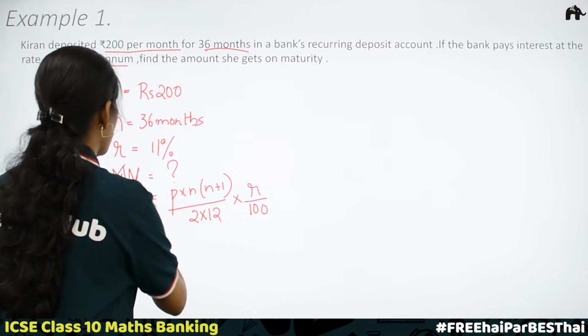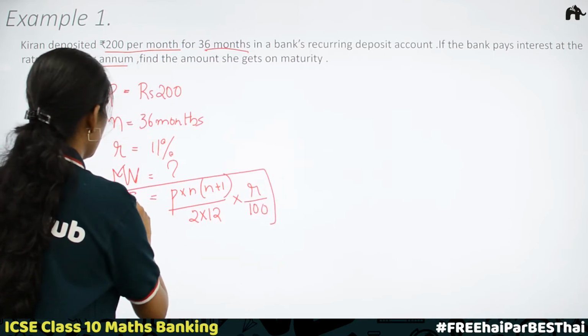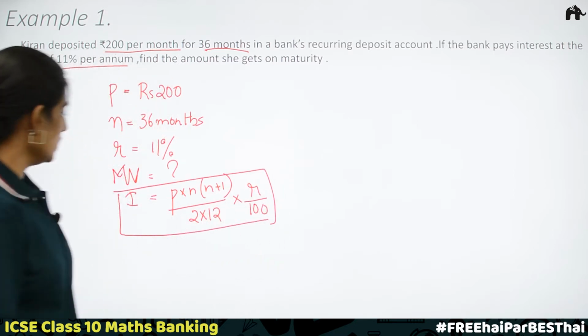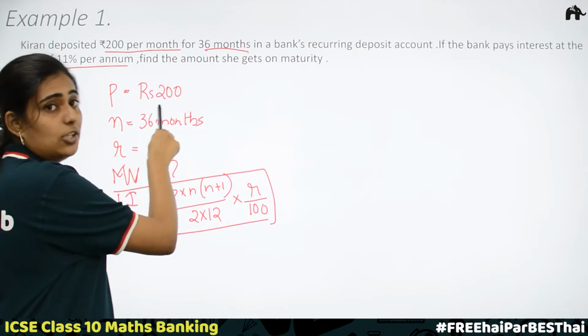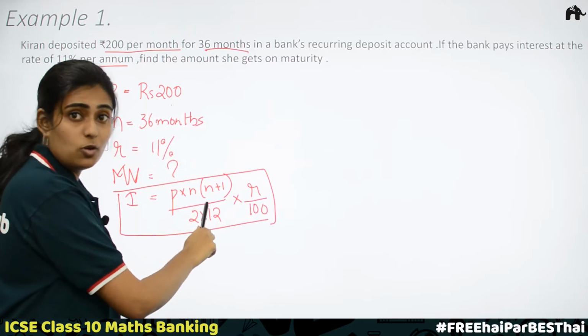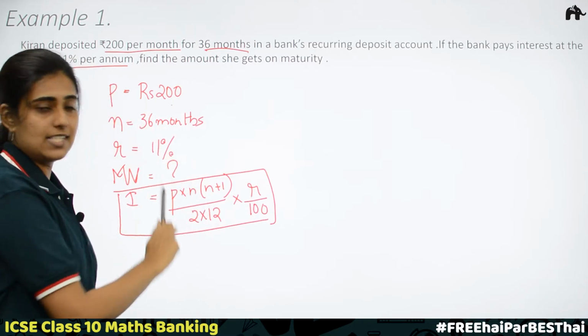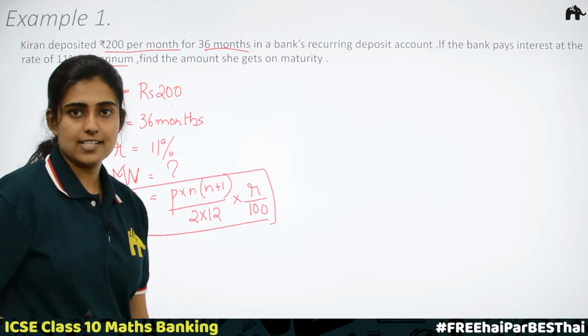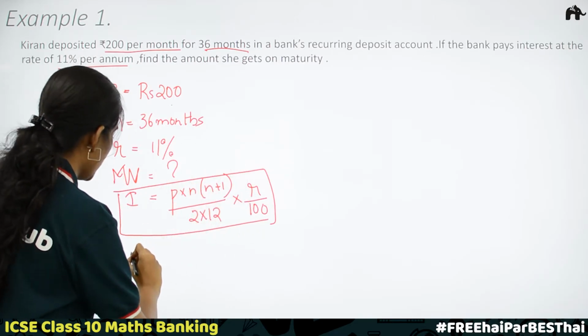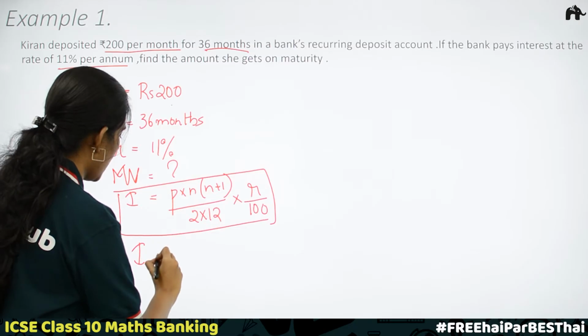This is the formula to find the interest amount. So in this question, we have the value of P. We know N is equal to 36 given. We know what R is. So let's find the value of I.